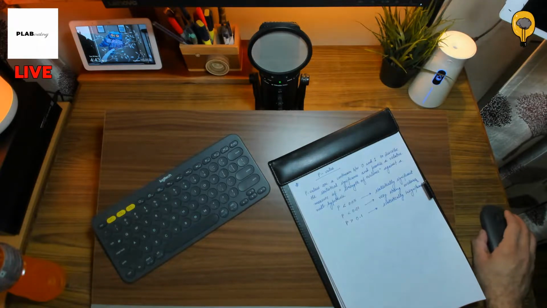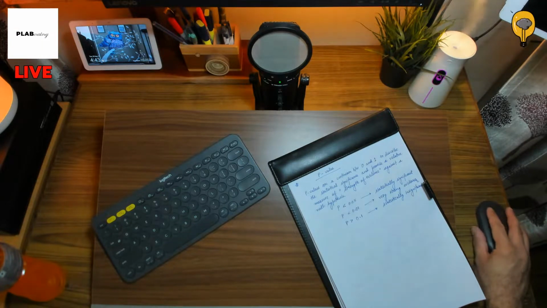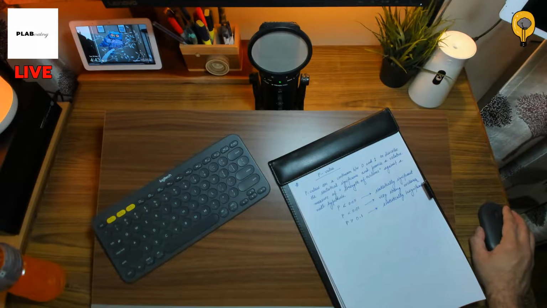Now let's move on to the next one. The numbers needed to treat for the use of a new antiplatelet drug for the management of stroke is 21.